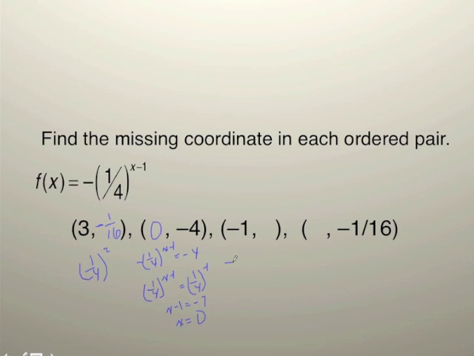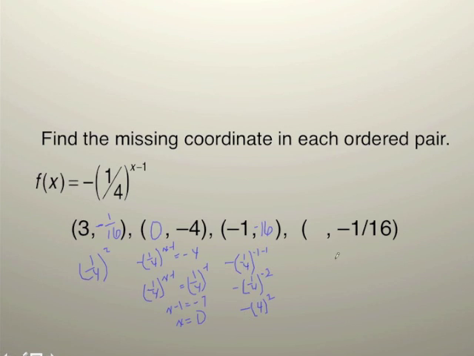We'll have a negative of 1/4 to the negative 1 minus 1, or negative of 1/4 to the negative 2, which should make a negative of 4 squared, or negative 16.